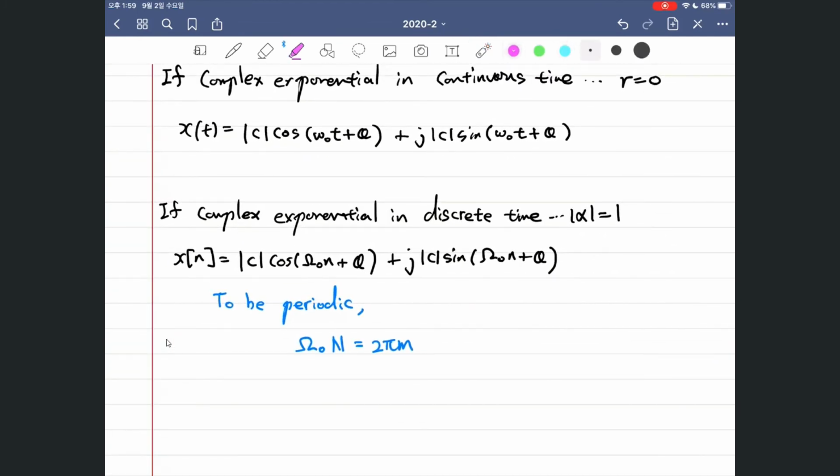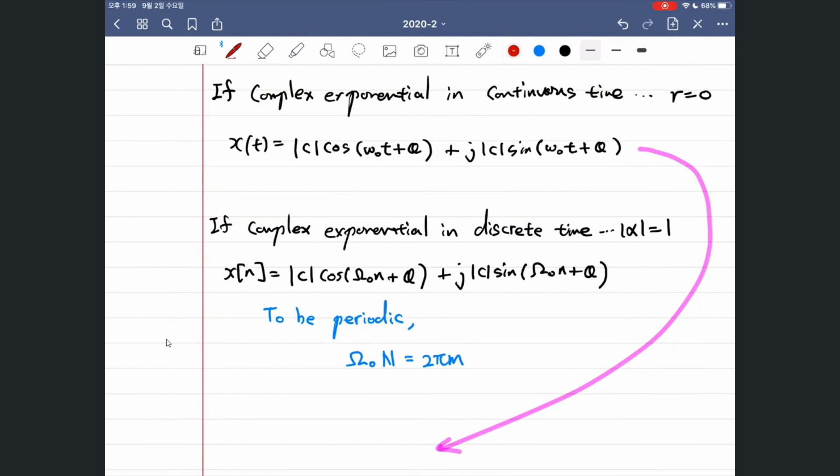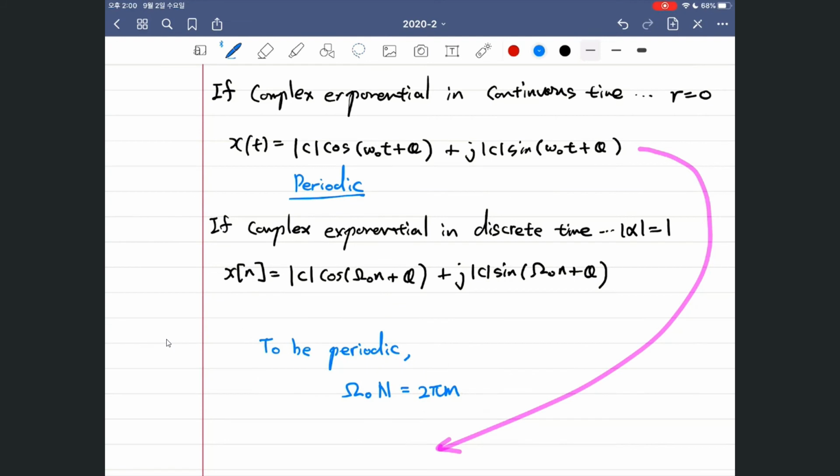And with this result, periodic, not always periodic.